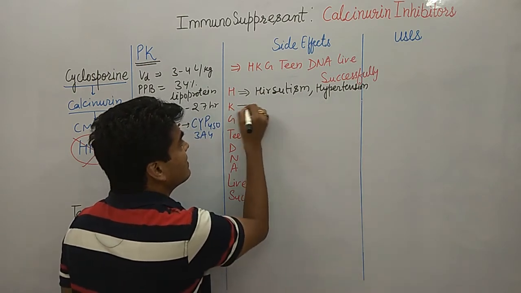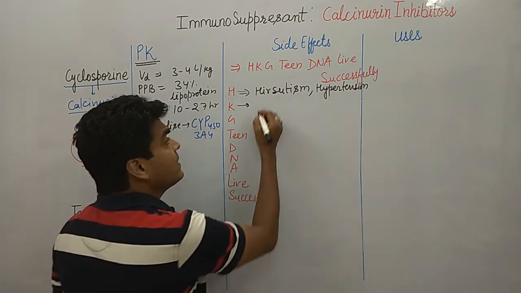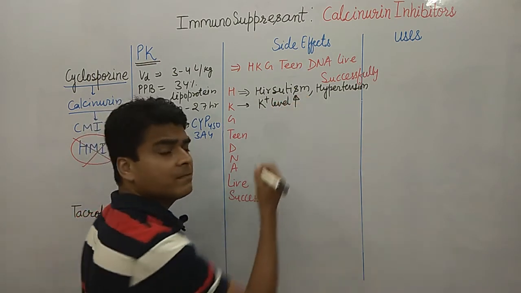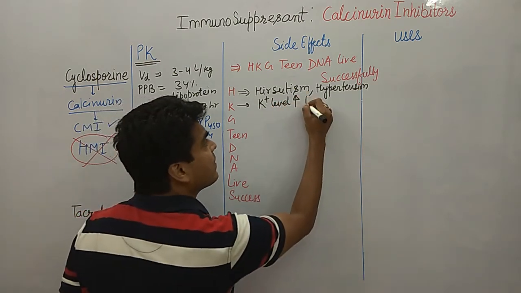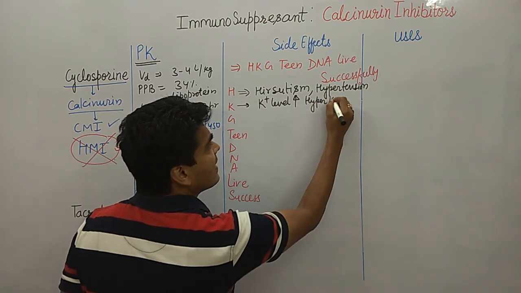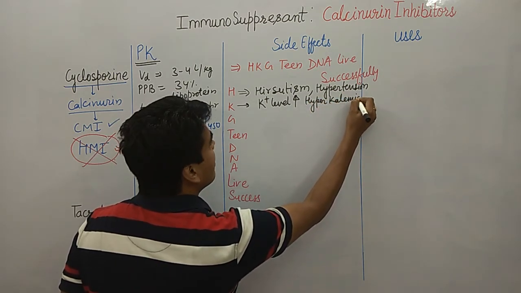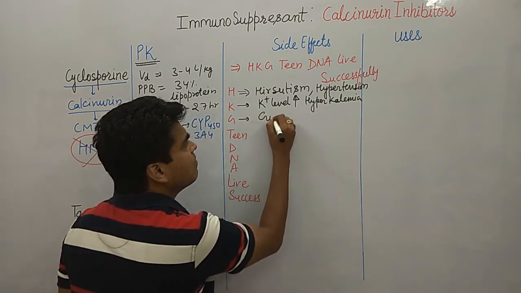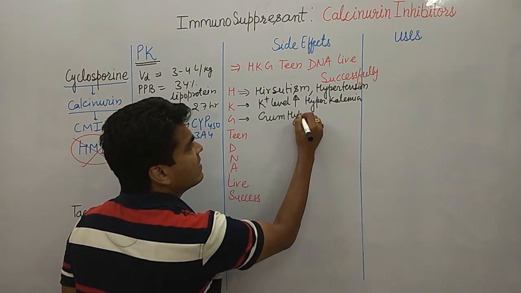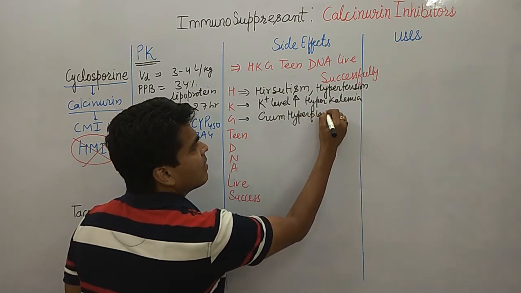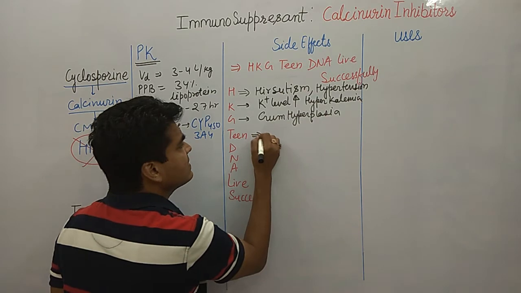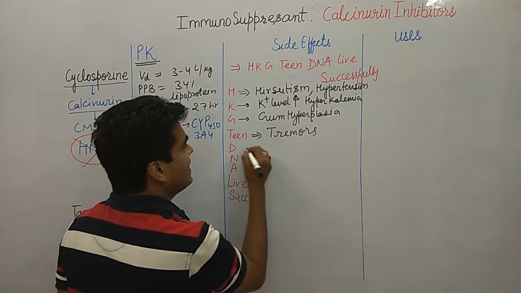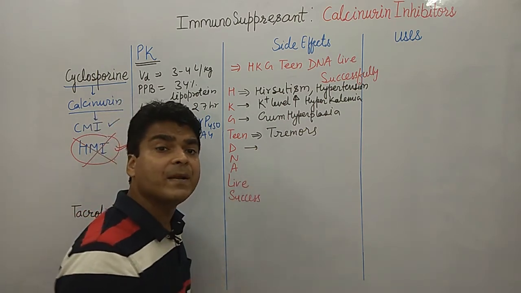Then K means kalemia, meaning potassium level: the drug is causing hyperkalemia. G means gum hyperplasia. Then teen means tremors. And D means it precipitates diabetes.